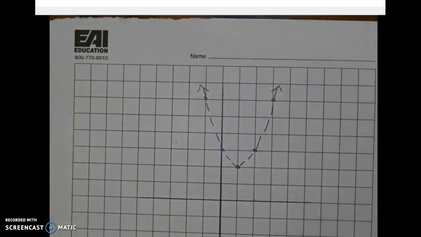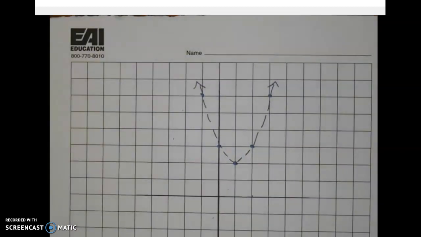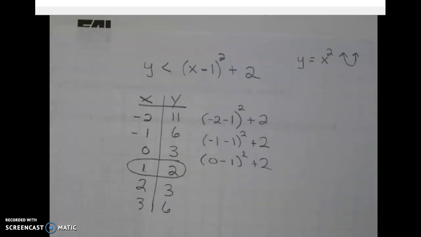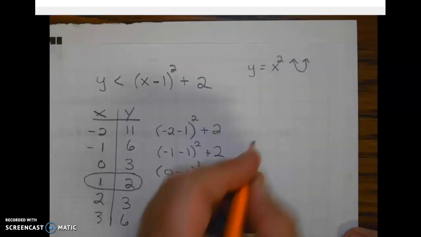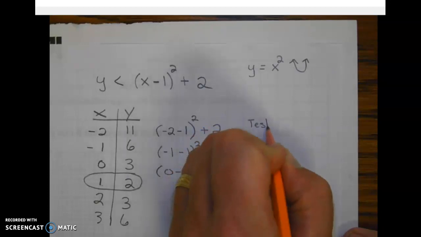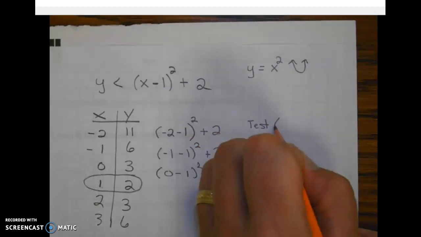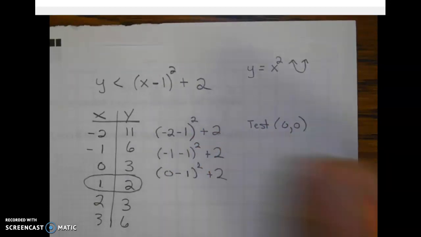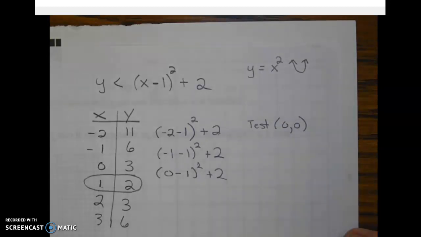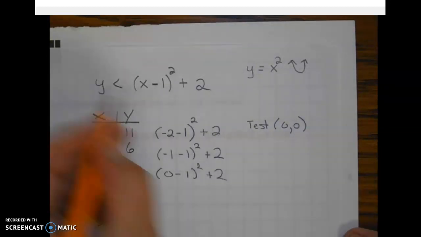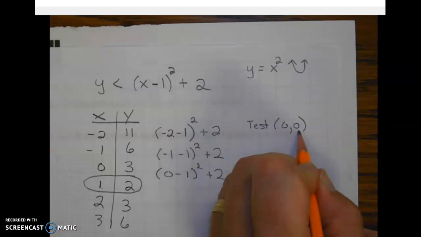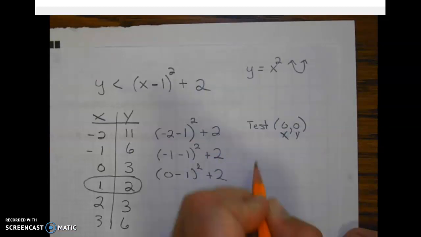Okay, and recall from my video as well that in order to find out where you shade, you have to use a test point. And a real simple test point to use is 0, 0, as long as it's not on the line, or on the parabola in this case. So let's plug this in. So 0 goes in for y, 0 goes in for x.